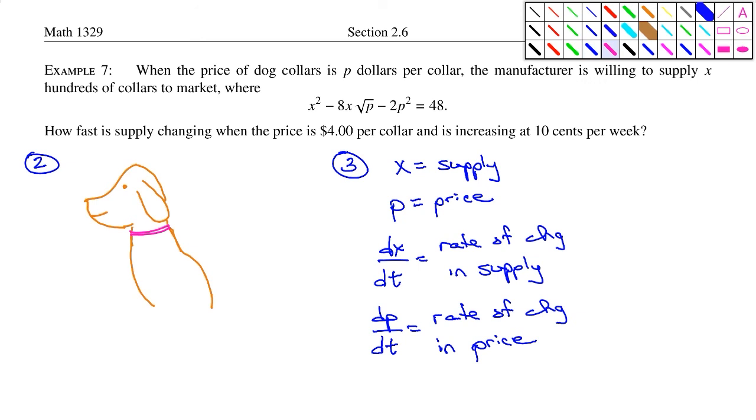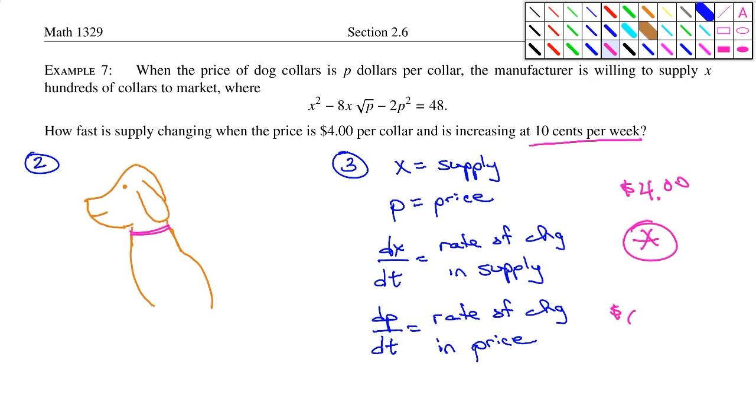Let's write down the information that we have. How fast is the supply changing? So the rate of change in supply is what we're looking for. If the price is $4, so price is $4, and is increasing at 10 cents per week.